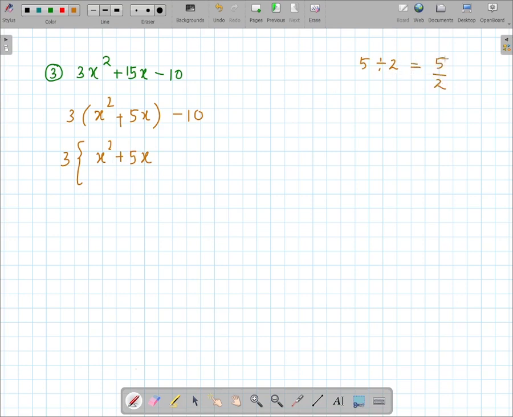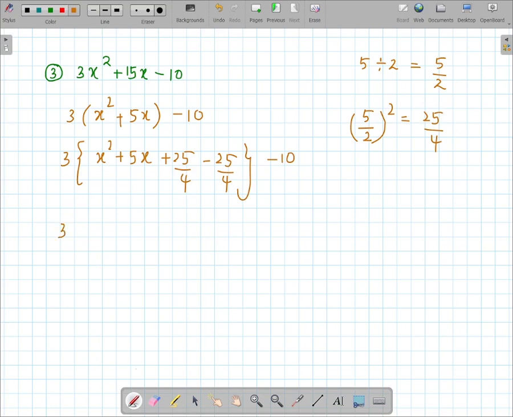I write this one as a fraction. Then 5 over 2 squared, that is 25 over 4. Then I add 25 over 4 and minus 25 over 4, close bracket, outside we have minus 10.